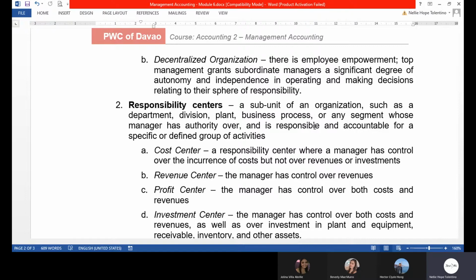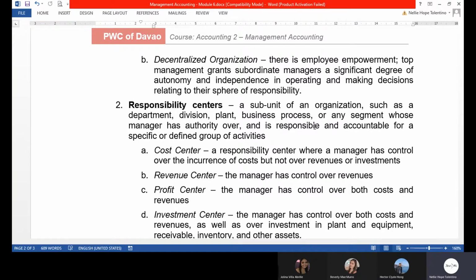Wala siyang control sa revenue, wala siyang control sa investment. Kasi nga, cost center. It is a responsibility center where a manager has control over the incurrence of cost. So, example nito is accounting department.